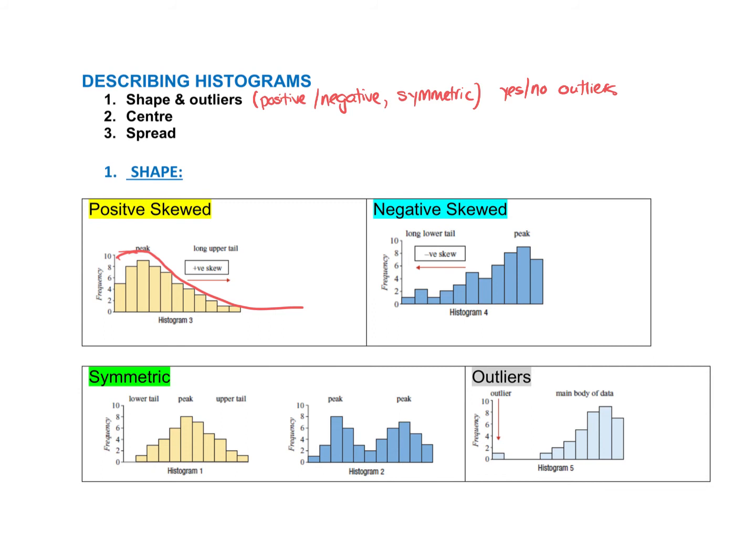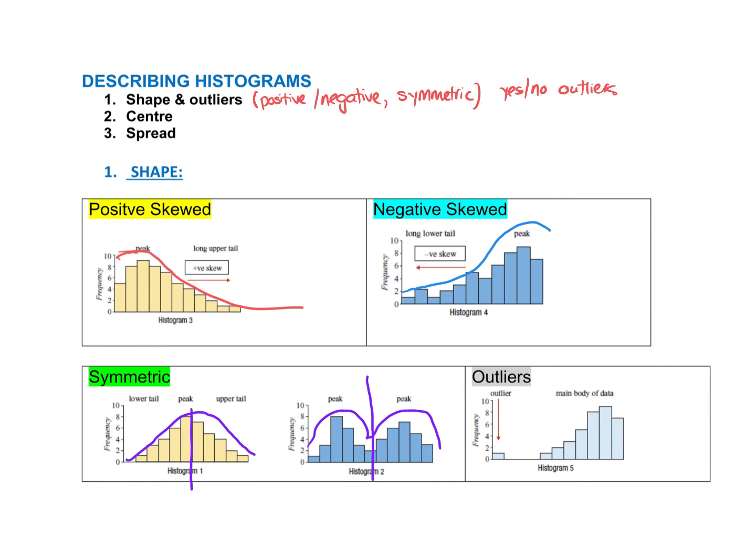So that's positive skewed. If you look at negative skewed, we start off with the low values and end up with the high. Okay, if we have symmetric, it means if I draw a line down the middle, I get a mirror image, which I do. And that's why this one is also symmetric, because if I put a line down, we see the same.